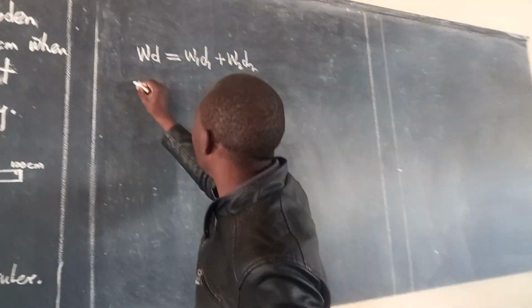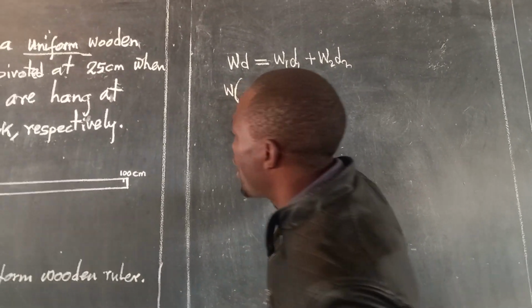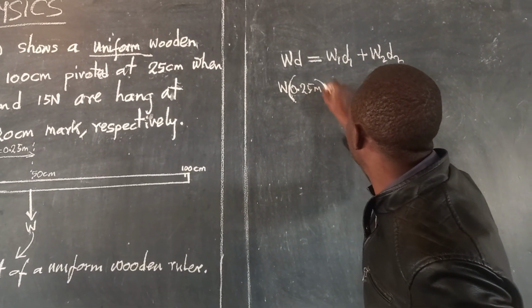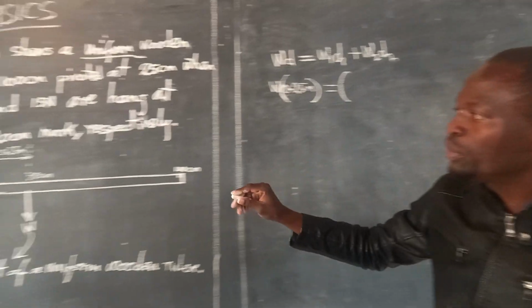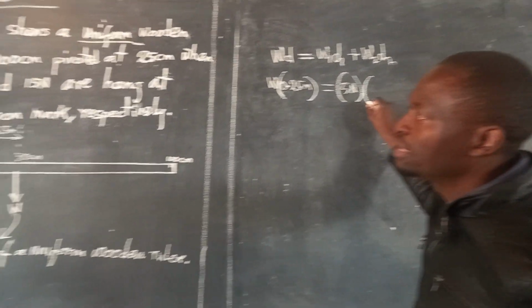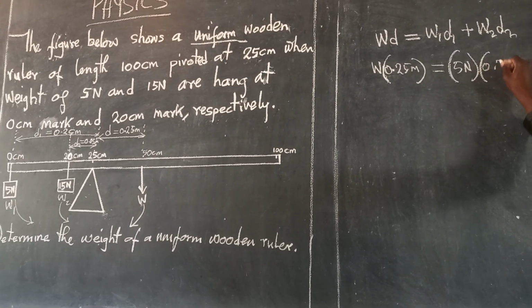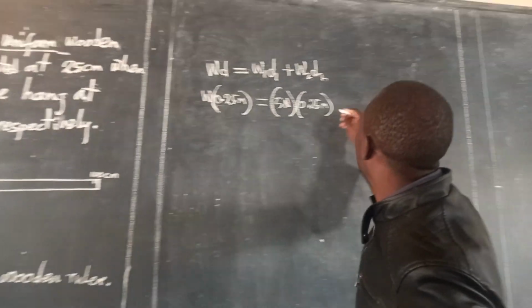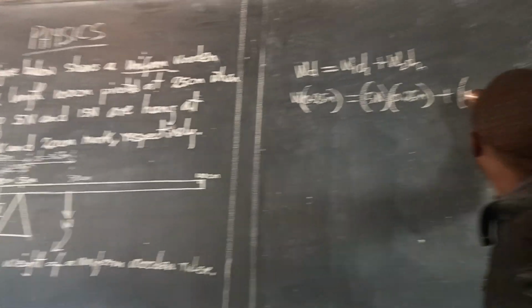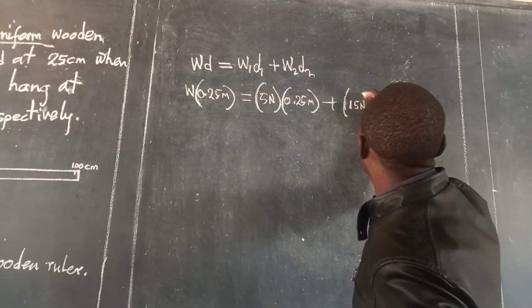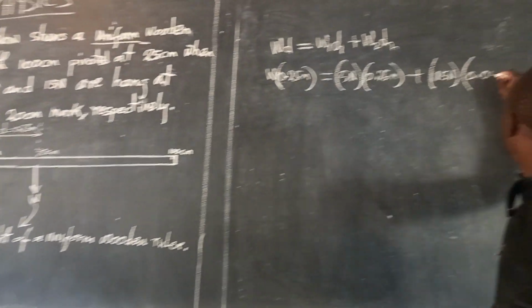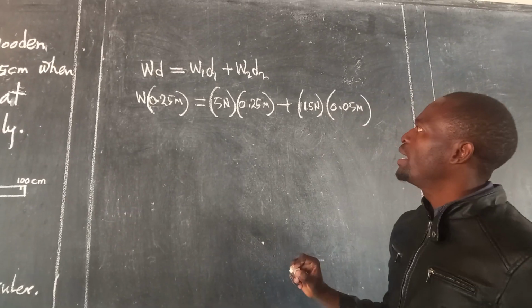So now, we have that W, our D is 0.25 meters, is equal to our W1, 5 newtons, times that distance 0.25 meters, plus W2, 15 newtons, times the distance, which is 0.05 meters.